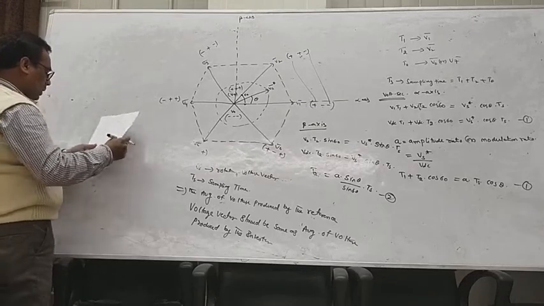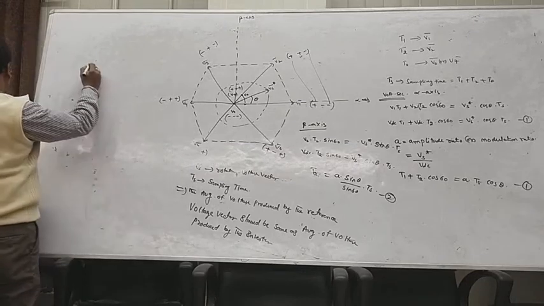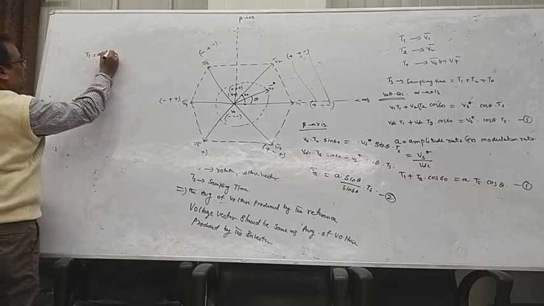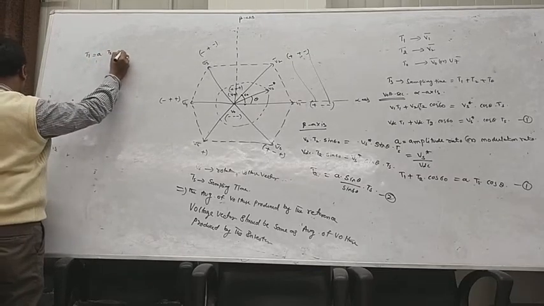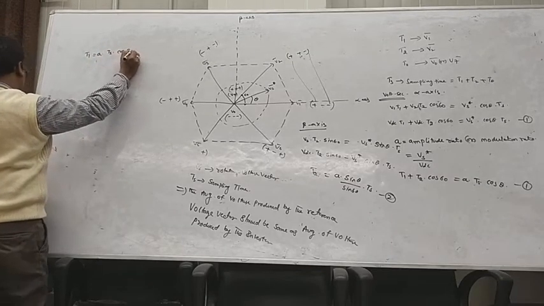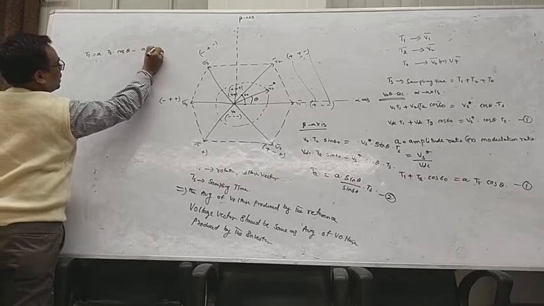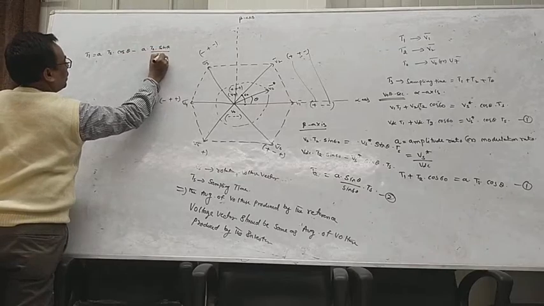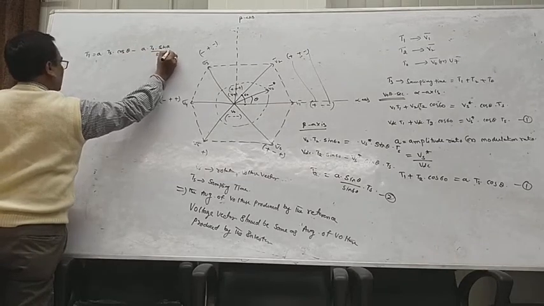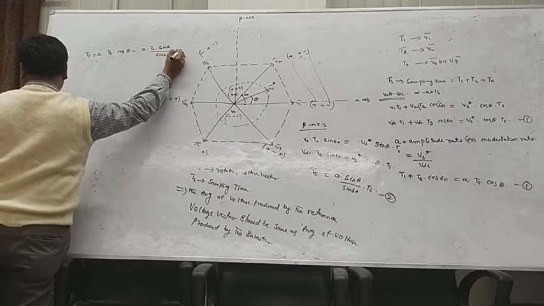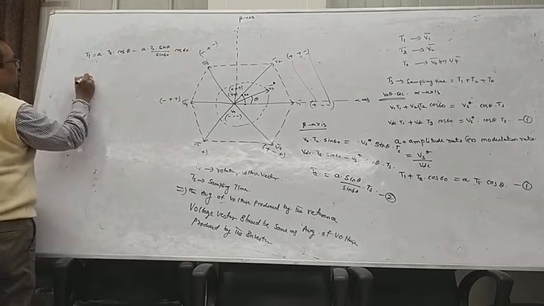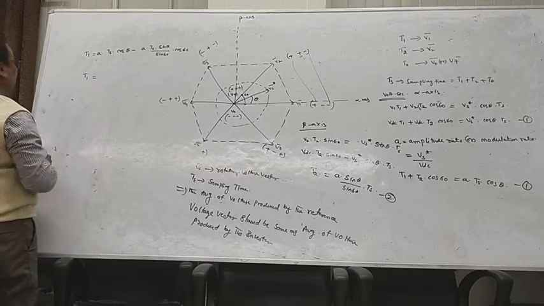So then T1 is equal to A into Ts into cos theta minus A into Ts into sin theta divided by sin 60 into cos 60 degrees. From this you write down the expression for T1.